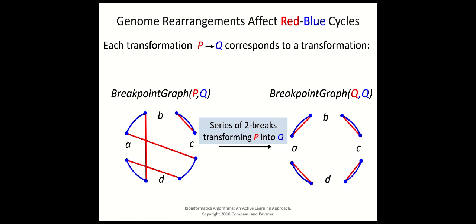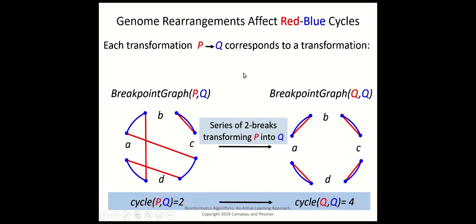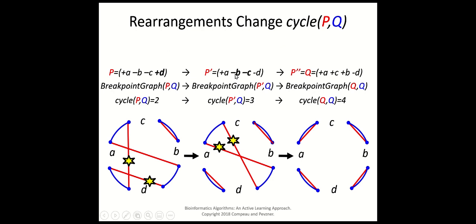And I wish to know the number of two breaks transforming P into Q. So how to pass from cycle PQ 2 to cycle QQ 4? I have to delete arcs.